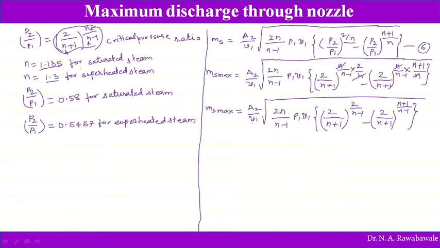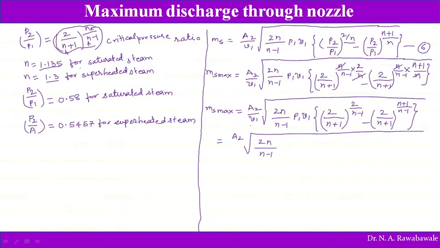Now transferring this V1 into the square root. If we want to transfer this V1 into the square root, we have to square it and then transfer it. So this is equal to A2 square root of 2n divided by n minus 1.